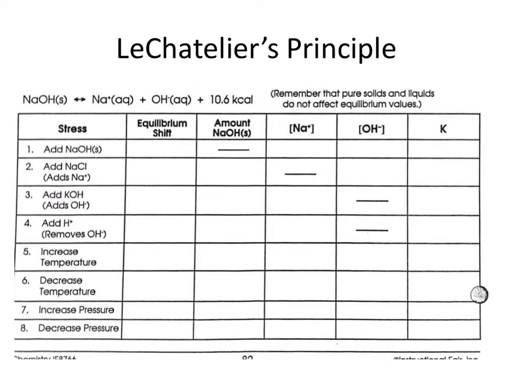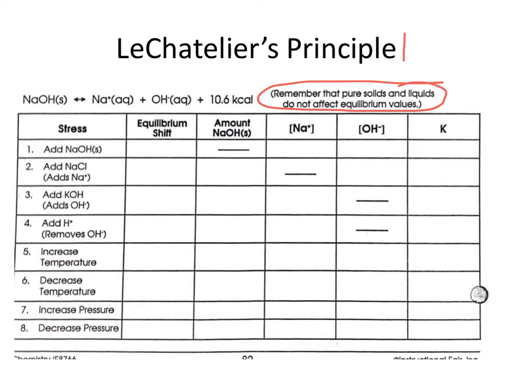Okay, and on this last example, I think it's worth writing out what the equilibrium expression is, so that you can see what's actually going to affect things. And they're giving us a hint on that.